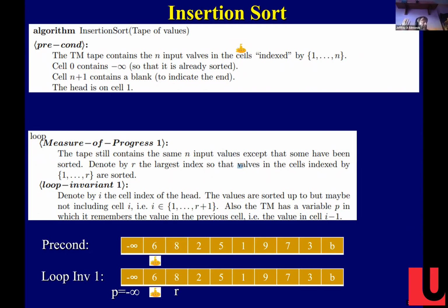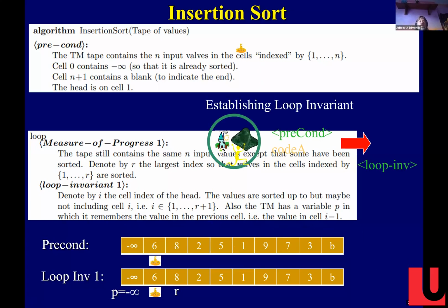D can't grow with the input. D is fixed, right? So we can store a value that's on our tape, and so here, what am I storing? P is going to store the value that's in the cell previous to the head. All right, so currently the head is at cell 1, so the cell previous to the head has the value negative infinity. Right? Everybody good with the loop invariant?